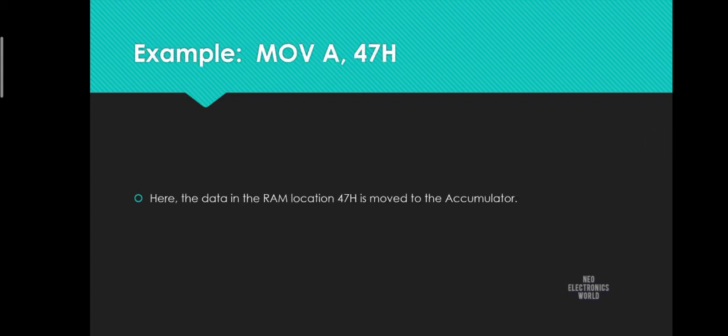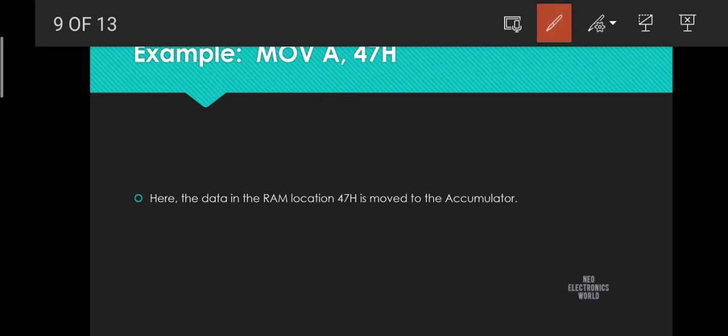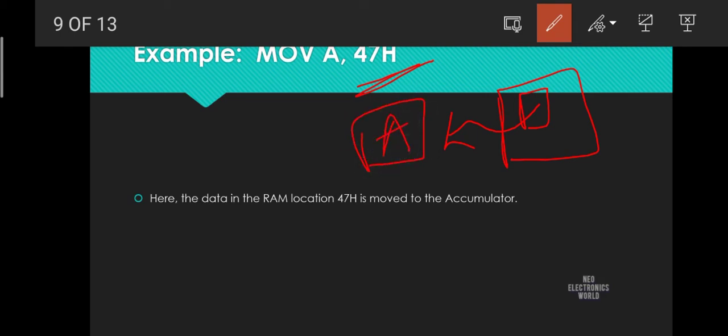Example is MOV A, 47H. Here the data in the RAM location 47H is moved to the accumulator. This 47H is the location of the RAM, and the data present in this particular location of RAM will be moved to A, the accumulator.